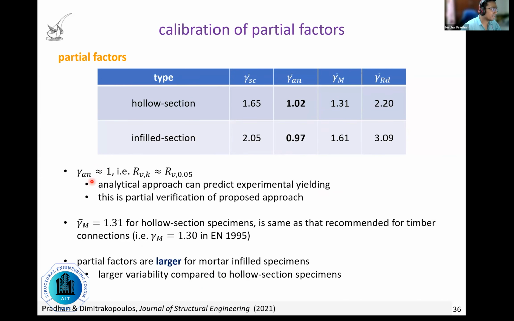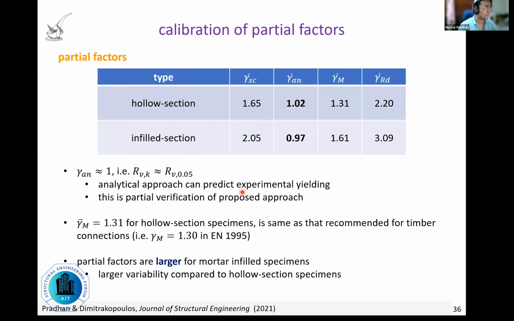Notice that the gamma AN is almost equal to 1, which means the analytical value almost equals the 5th percentile characteristic experimental value. So what this means is that the analytical approach can indeed predict the experimental yielding, and this is partial verification of the proposed approach.